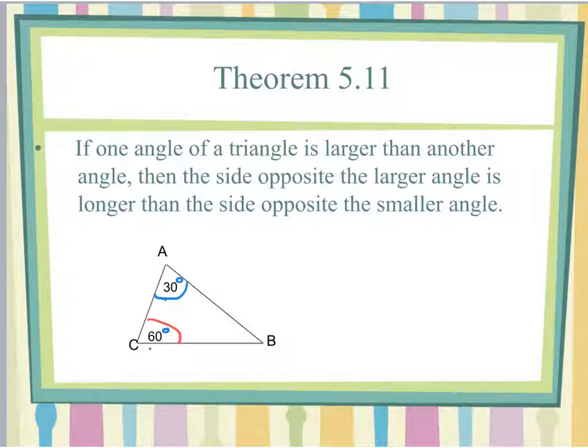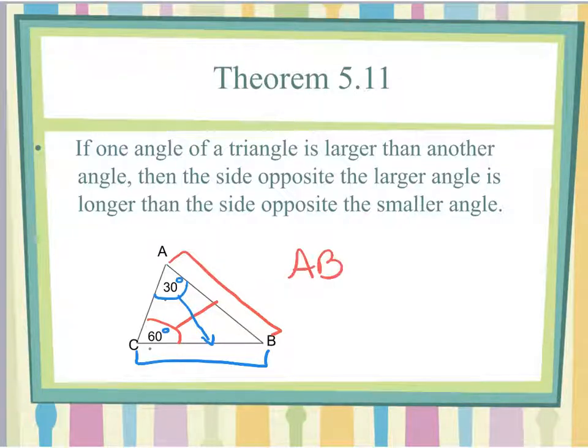The side across from the 60 is side AB, and the side across from the 30 is side CB or BC. Which angle is larger, 30 or 60? The 60. So this tells me that side AB is going to be greater than side BC. So the bigger the angle, the longer the side across from it.